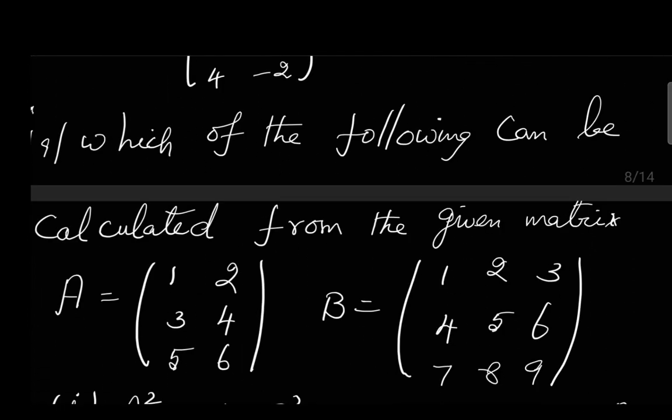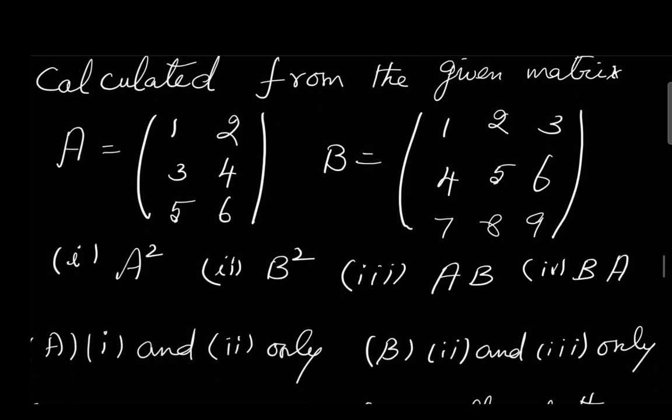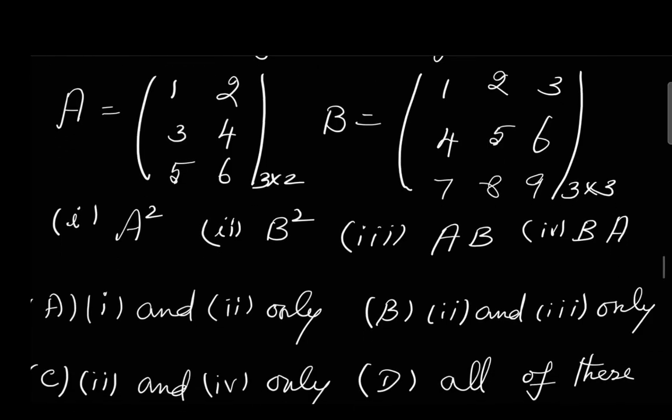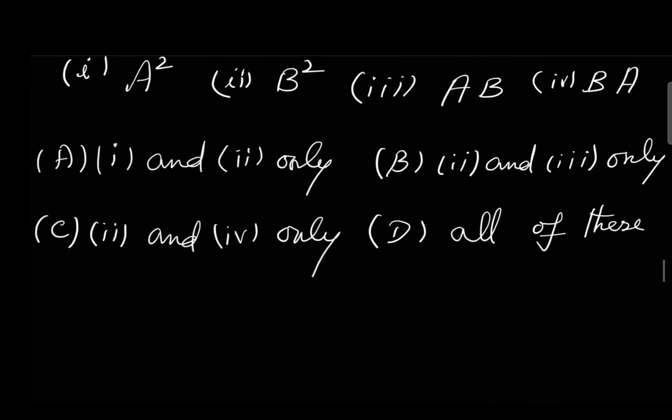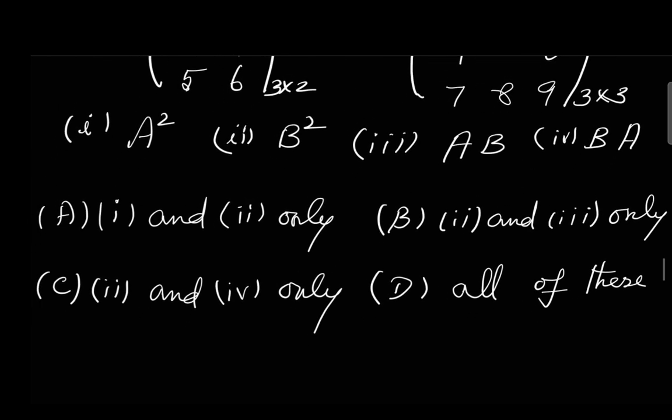Option B. See which of the following can be calculated from the given matrices. A matrix, the order is 3 by 2. B matrix, the order is 3 by 3. You find A squared, B squared, AB, BA. So which can be calculated? First option, A squared.